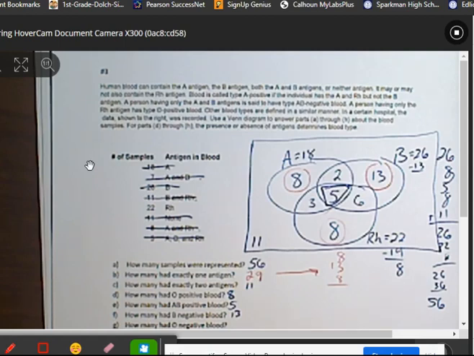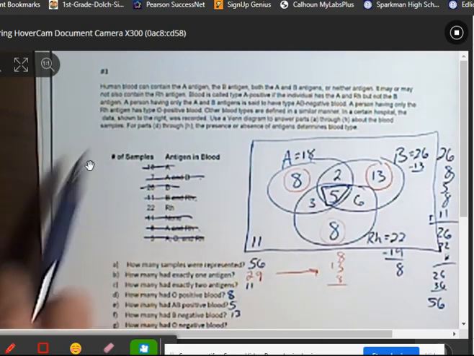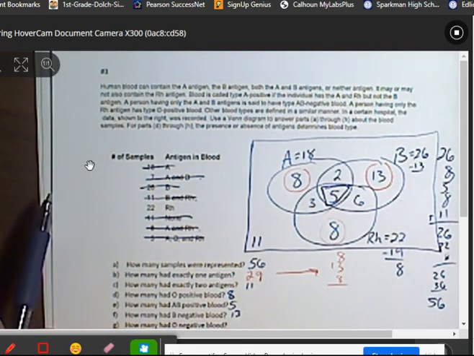If we go with O negative, let's see. So for the O negative, that's where we've got the RH. Go back to that one. So it says back here that if they have only the RH, it's O positive.